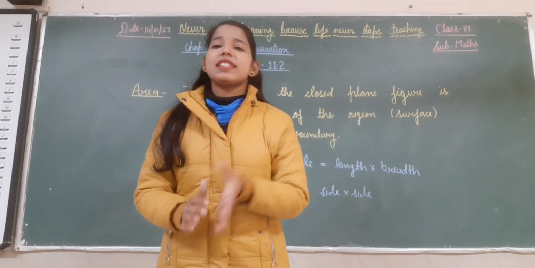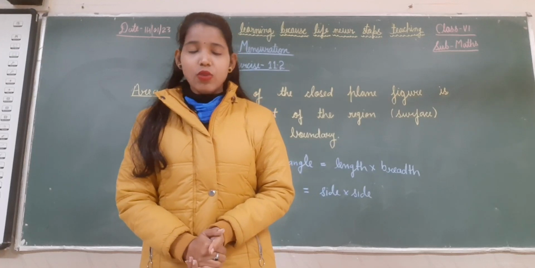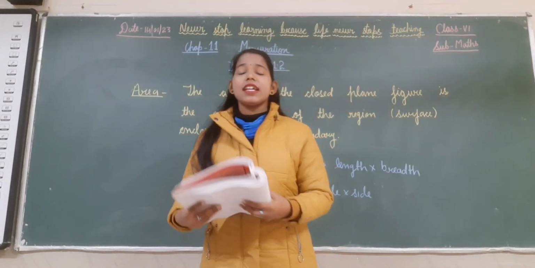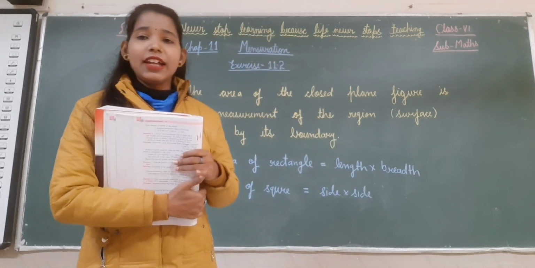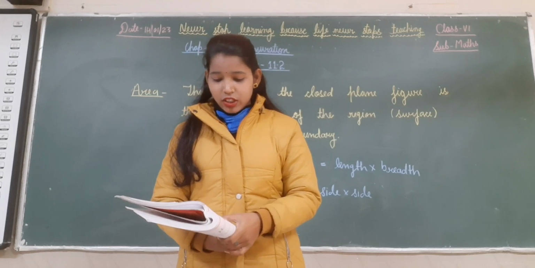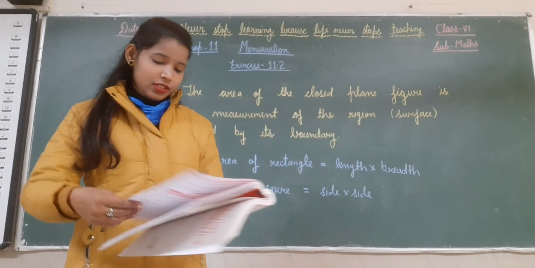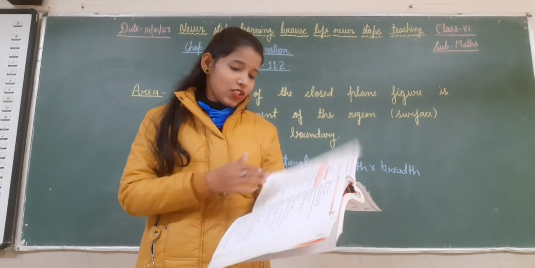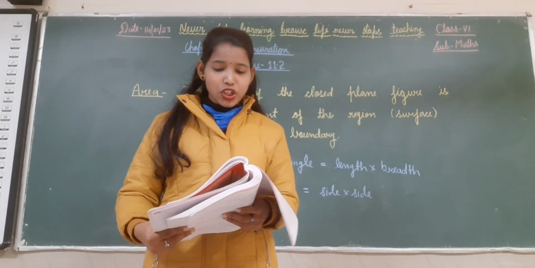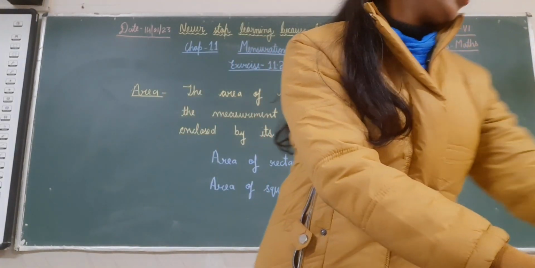So today we will start our exercise 11.2. Note down the question. Take out your fair copy first of all and write down the date and exercise 11.2 and note down the question on page number 239, question number 3 part 2.